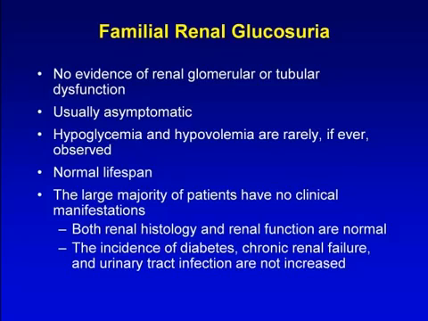They do not have hypoglycemia or hypovolemia. They live a normal lifespan, and the majority of patients actually have no clinical manifestations. For example, they do not have a high incidence of diabetes or renal failure or urinary tract infections. They are usually normal, and the renal histology and renal function are quite normal.